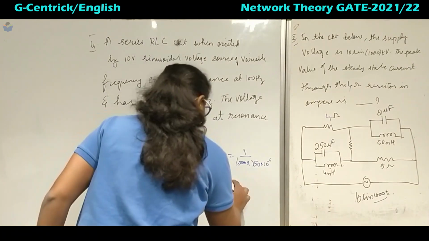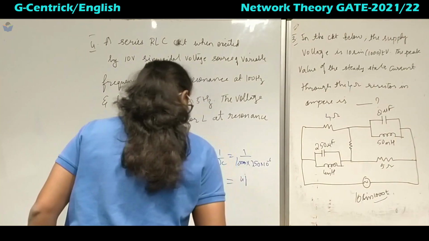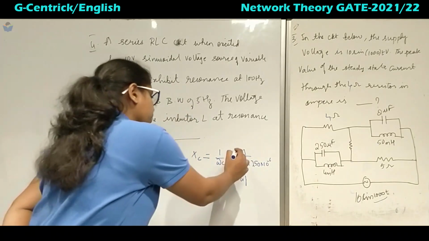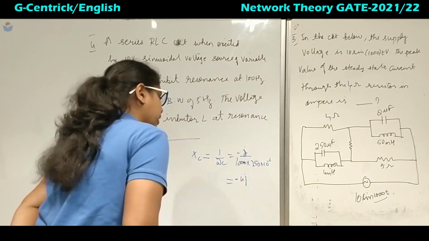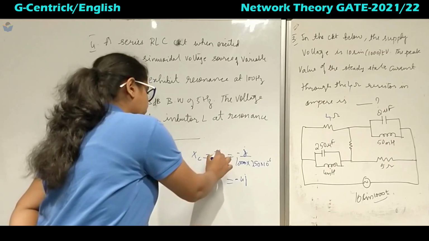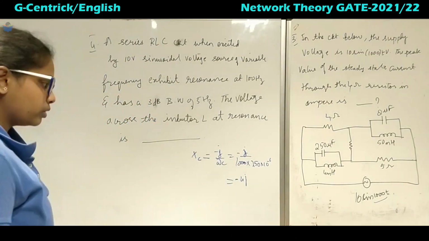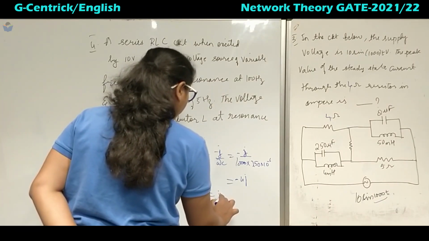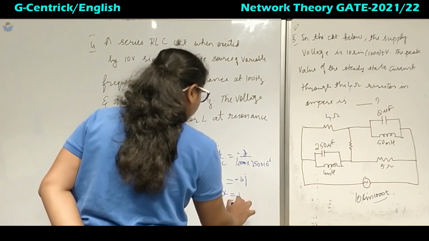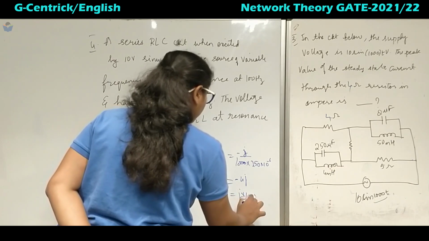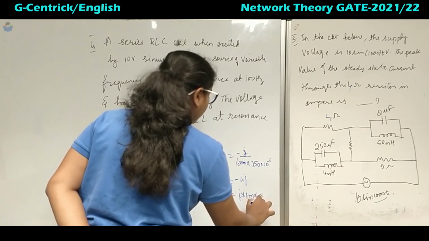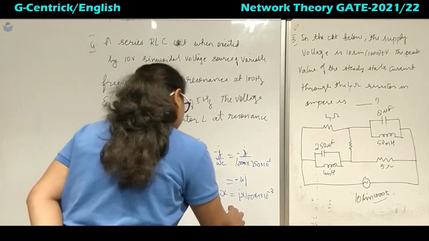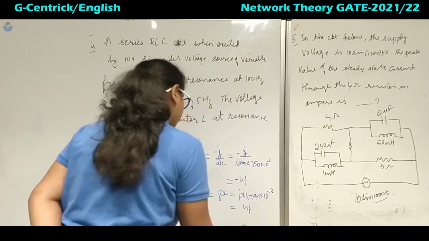When you solve this, you will get minus 4j, because it is a capacitor, so it is minus j. Now for XL, it is j omega L. We keep j as it is. This is 1000 into 4 millihenry, 10 power minus 3. So this comes out to be 4j.